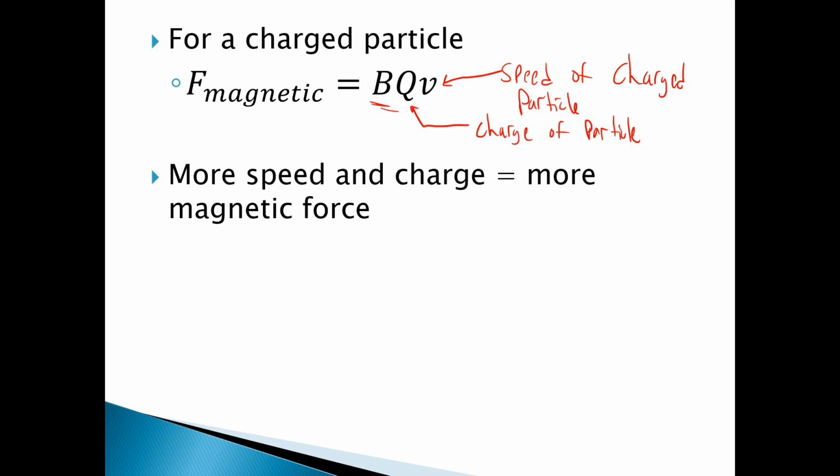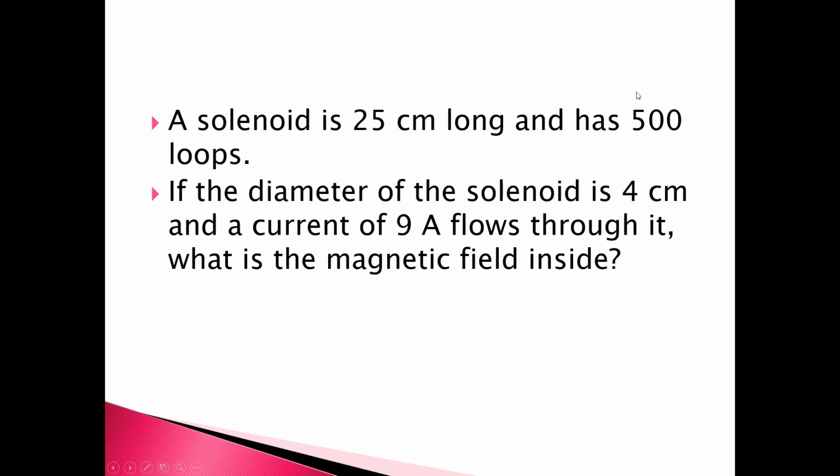So the magnetic field will actually exert a force on nearby charged particles. And the faster the particles are moving, or the larger the charge, or the larger the magnetic field, the more magnetic force it will create.